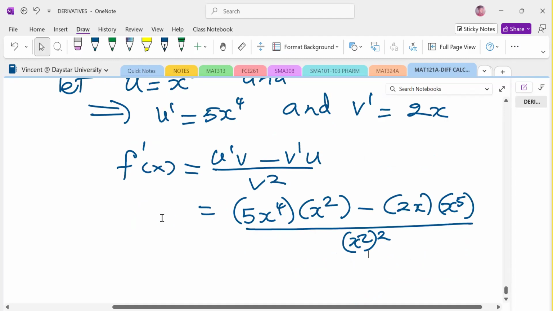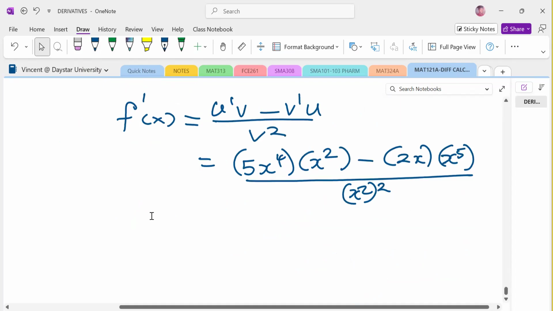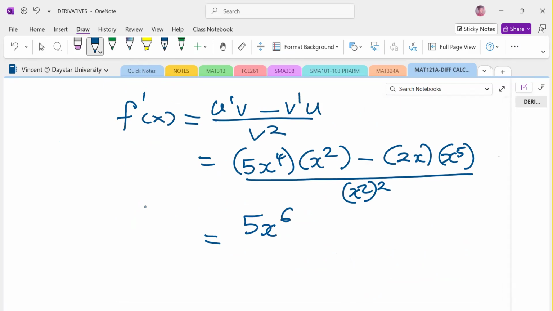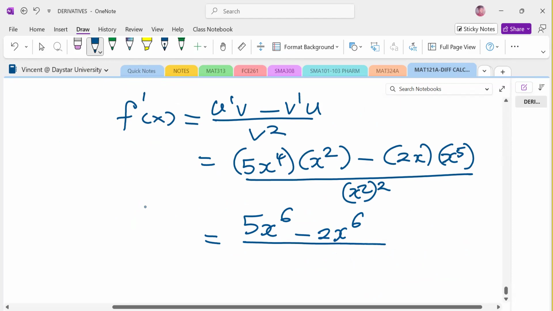Now what is 5x power 4 times x squared? So 5x power 6, minus 2x times x power 5, which is 2x power 6. Then what is x squared squared? x power 4, correct.